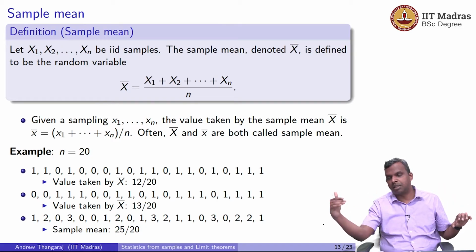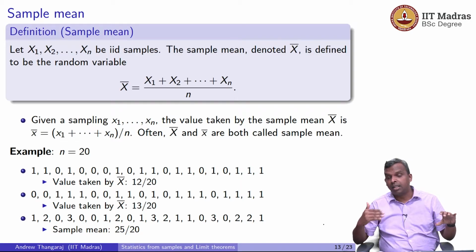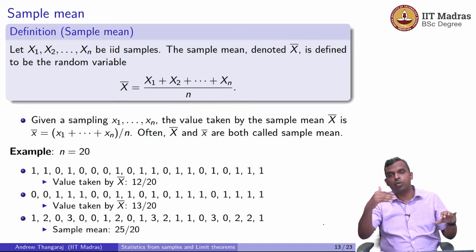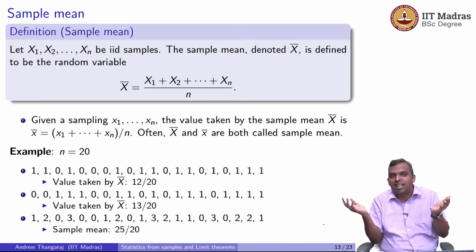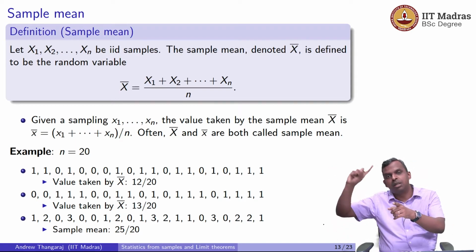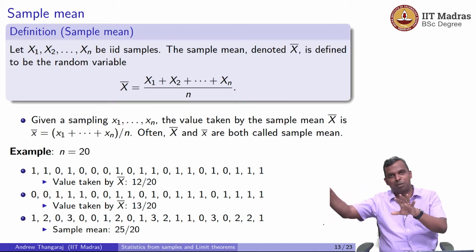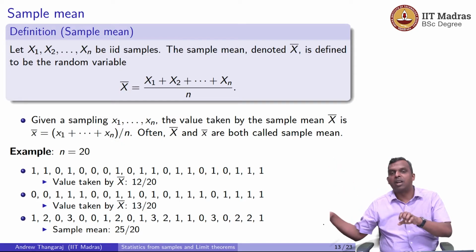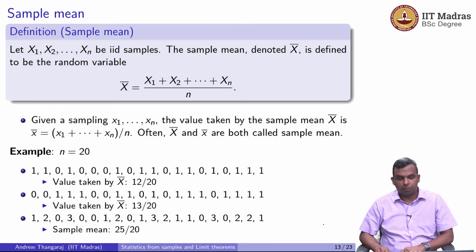That's my model. Then I have data, which is a particular instance of that model. I have only particular values. I'm not going to have capital X1, capital X2 as data. I'll have 1, 2, 3, 5, 10, whatever. Those are the values, so your sample mean will be an actual value. There the sample mean is a random variable, a function of random x1 plus x2, some x bar. That random variable took this value in this sampling. So that's what's going on, and this should be clear enough in your mind.